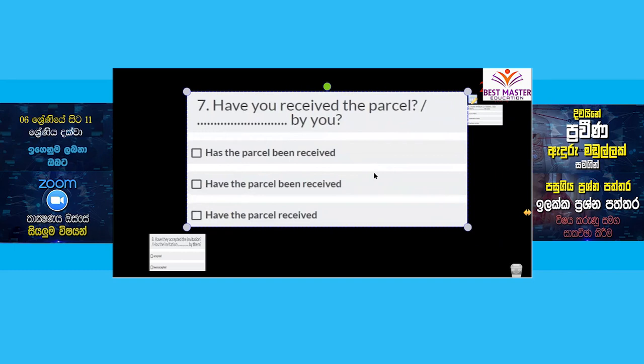In the passive voice sentence, the parcel comes first. The parcel has been received by you.